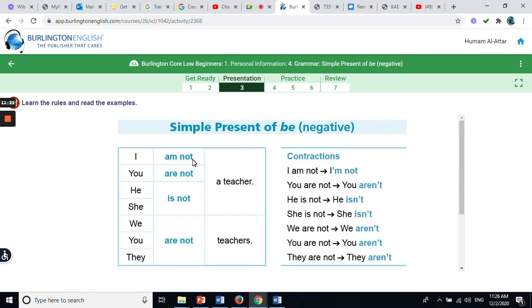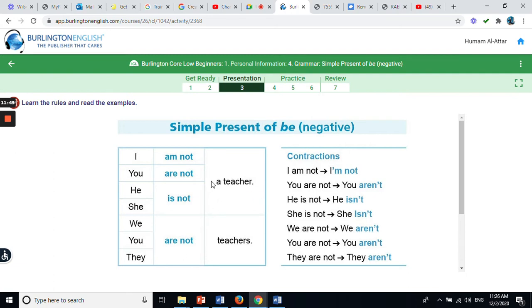I am not a teacher. You are not a teacher. He, she is not a teacher. We, you, they are not teachers. You see here with the plural, we didn't put a like this. We didn't say a teacher. Okay?